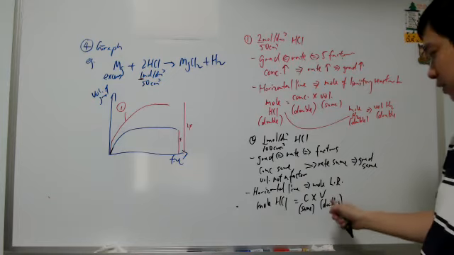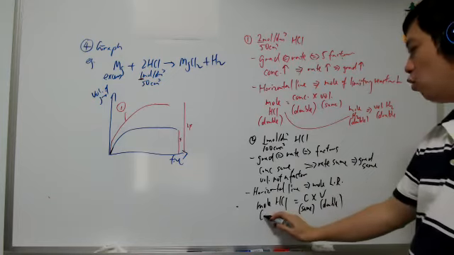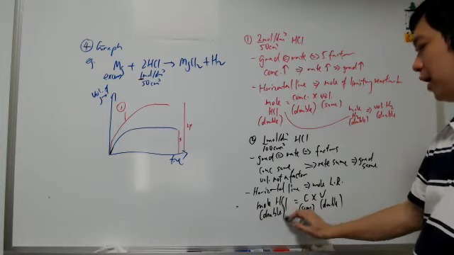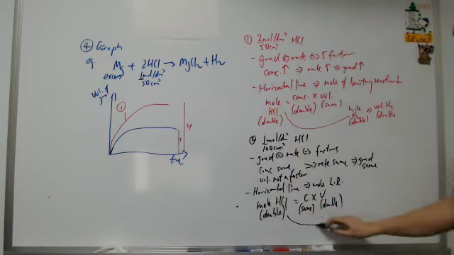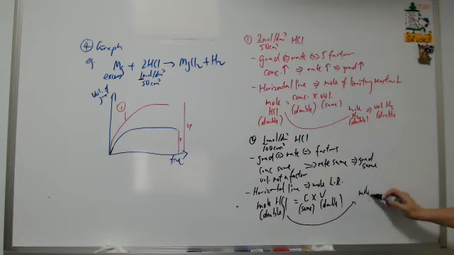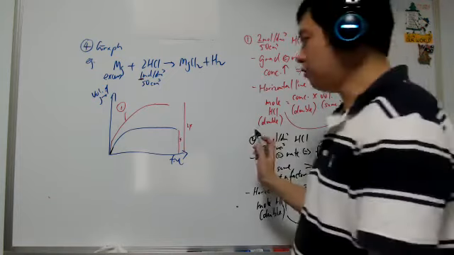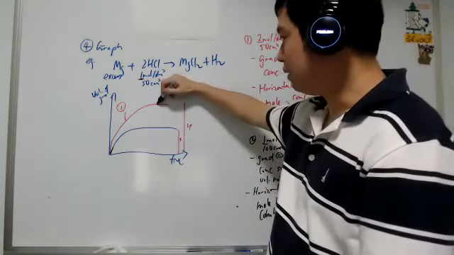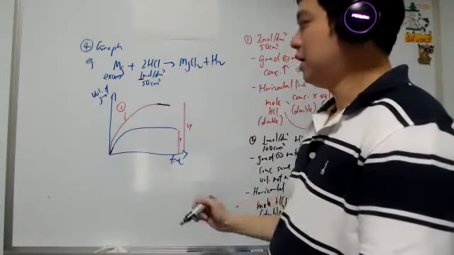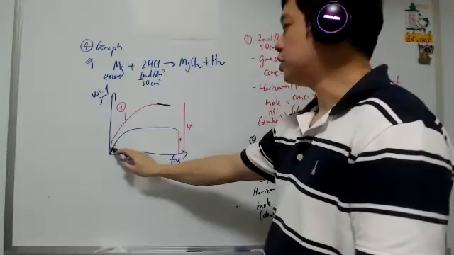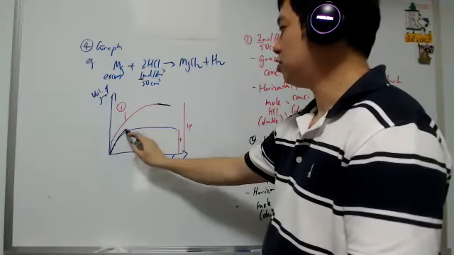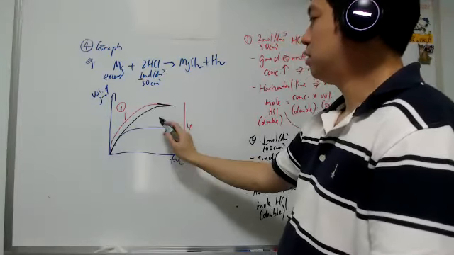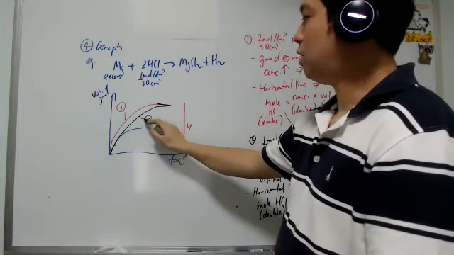So if volume is double and concentration the same, your mole will be double compared to the original. Again, if your mole doubles, your mole of hydrogen gas and your volume of hydrogen gas will also double. So this horizontal line will be double the original, while the gradient is the same as the original. You match them and join. This will be your graph for part 2.